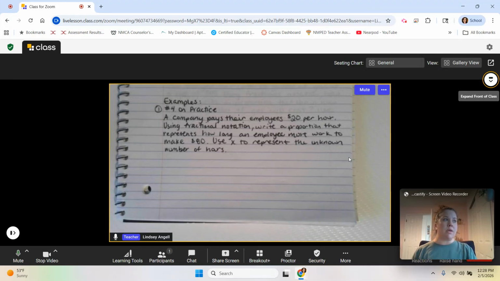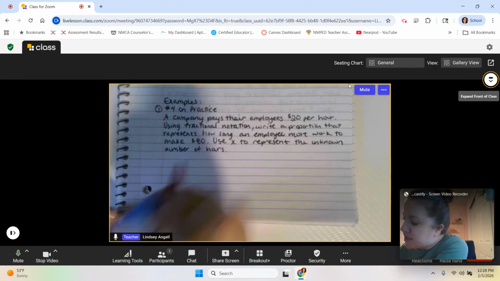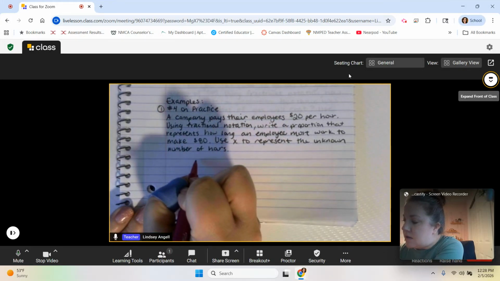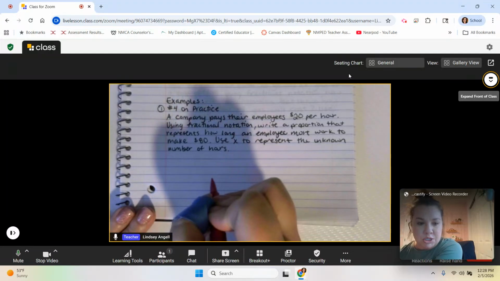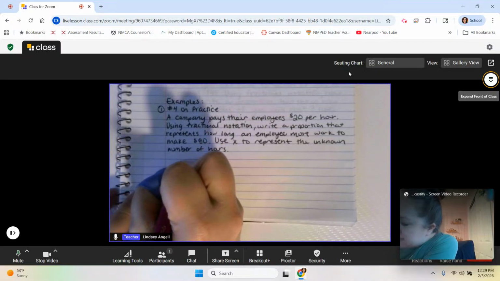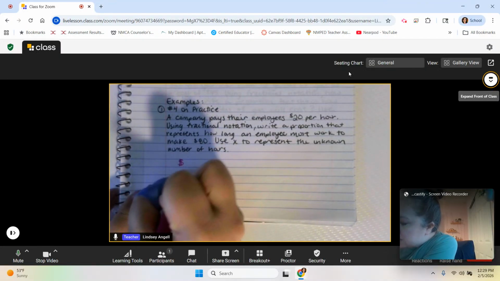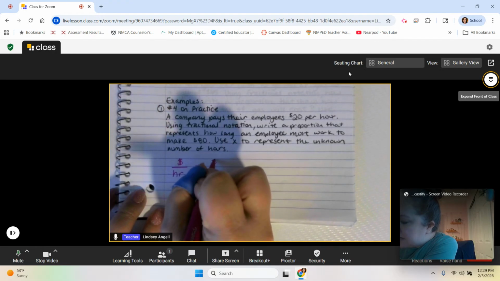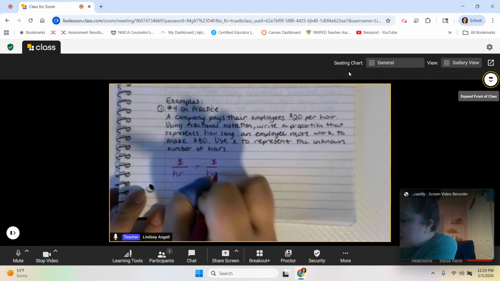Okay, so there's a couple things that we can do to set ourselves up for success. One really important thing about proportions is that both ratios on both sides of the proportion have to be balanced. They have to be set up the same way. So in this case, we have dollars per hour, which means on the other side, we need to have dollars per hour.